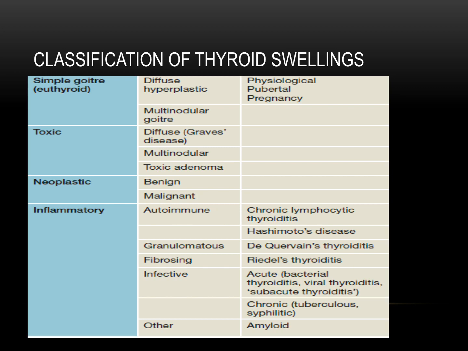Autoimmune is called chronic lymphocytic thyroiditis, or Hashimoto's disease. Granulomatous is called De Quervain's thyroiditis. Fibrosing is called Riedel's thyroiditis. Infective: there are many types of infection that occur in the thyroid gland, although rare: acute bacterial thyroiditis, viral thyroiditis, subacute thyroiditis, chronic thyroiditis like TB and syphilis. Others, amyloid.